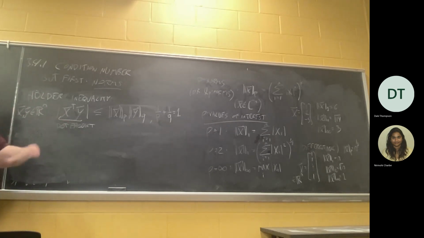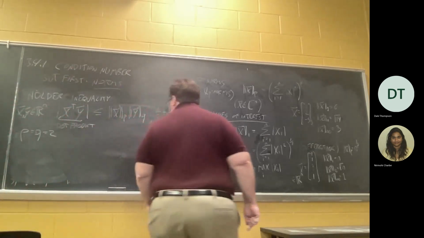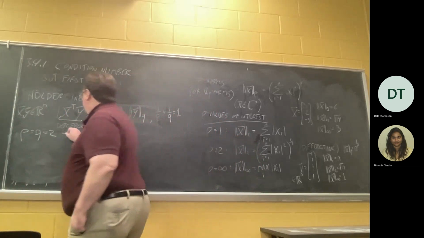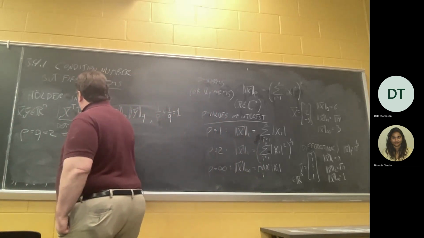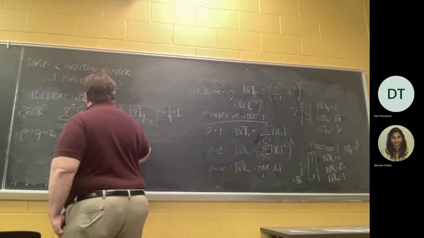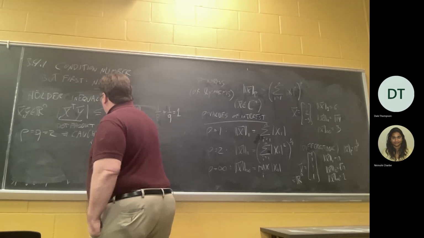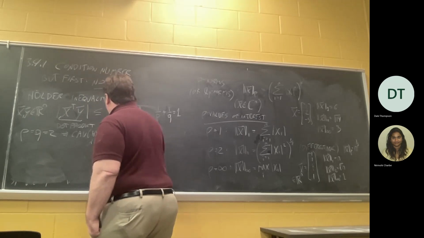Now, a special case of that is of interest. P and Q are both equal to 2, so we'd have 1/2 plus 1/2, so that works. Then we get the Cauchy-Schwarz inequality that you may have seen before.